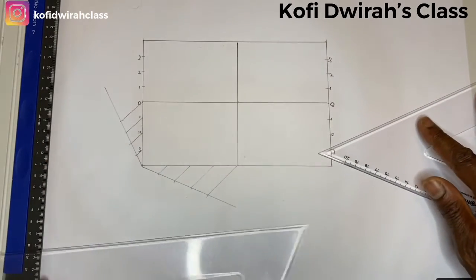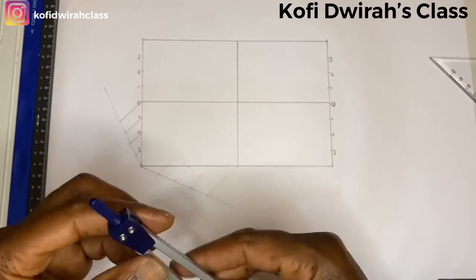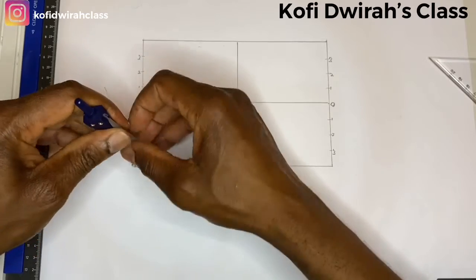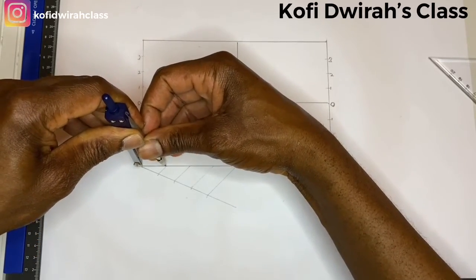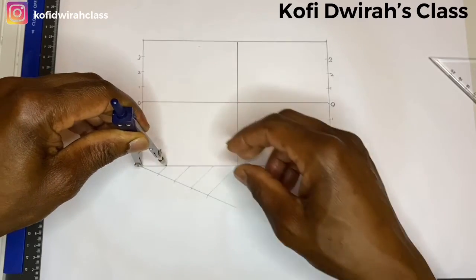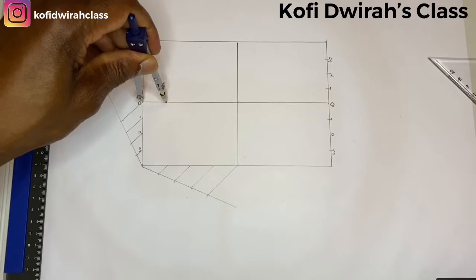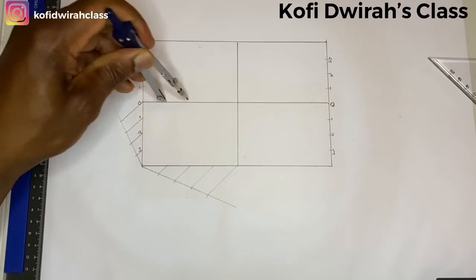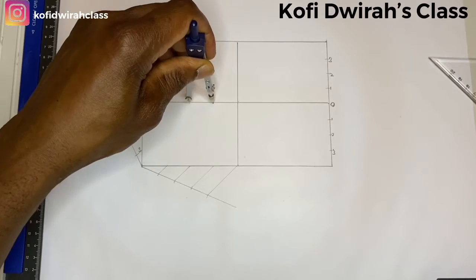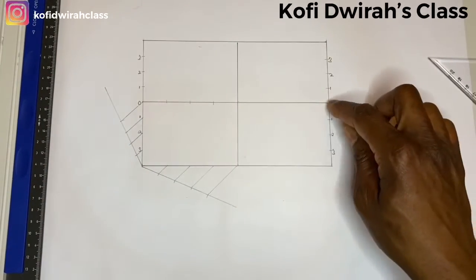So we have this. So now we can just measure this. You can just measure one of it, and good. So we can divide this. And the distance from here to this side is equal to this.